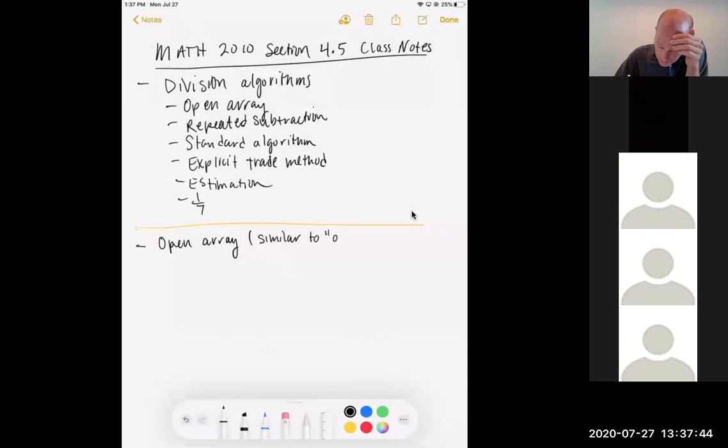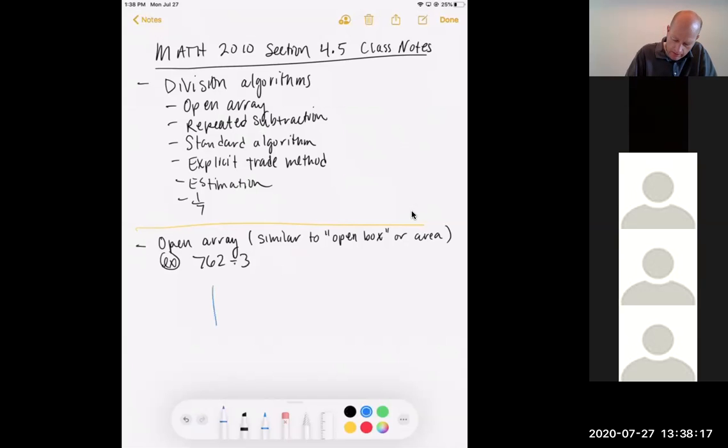So when we did the open box method and area models in multiplication, you can do an analogous method using an open array or open box with division, okay? So we take our example, 762 divided by 3.